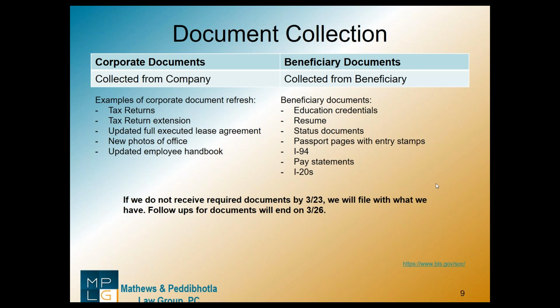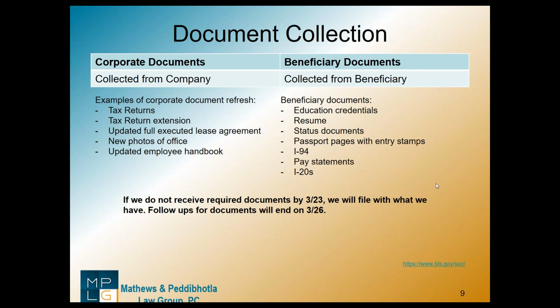They're calling those things out in RFEs. So we'll be looking at these documents and asking for updated, correctly executed documents wherever they're needed. We might ask for new photos of your offices, and if necessary, an updated employee handbook, telecommuting policy, and documents where there's been an update since our last filing.